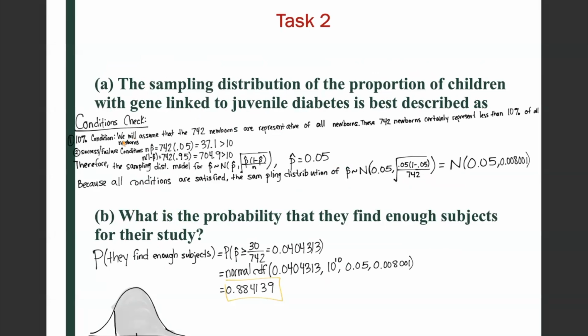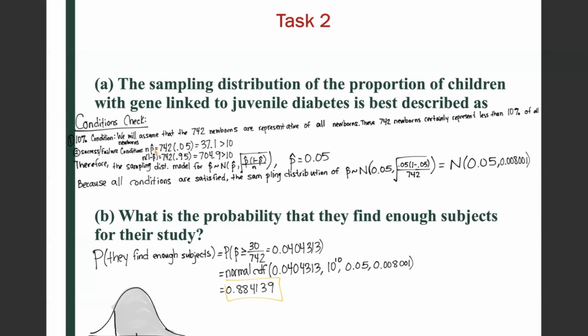Like task 1, we have the same conditions to check. So we have the 10% condition. We will assume that the 742 newborns are representative of all newborns, and these 742 newborns certainly represent less than 10% of all newborns. Our second condition is the success-failure condition.